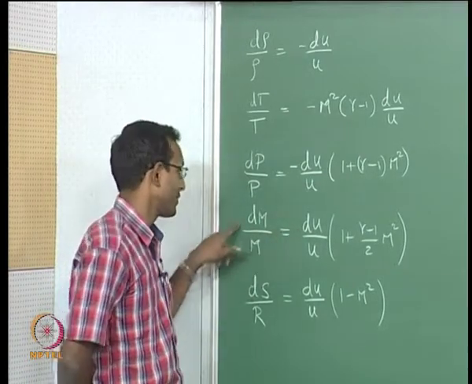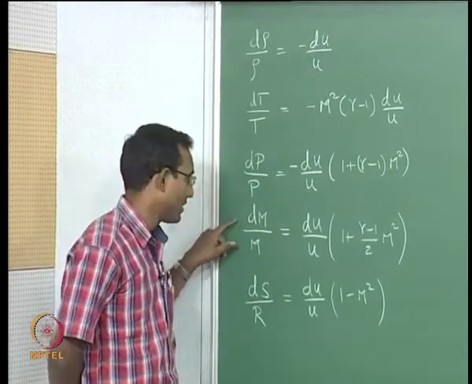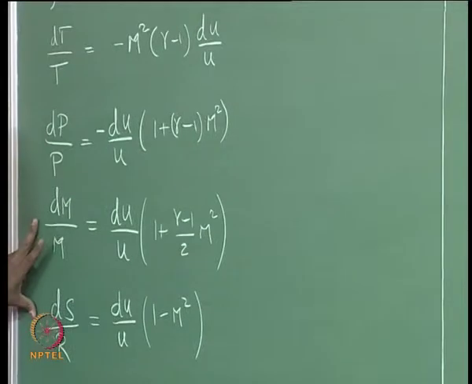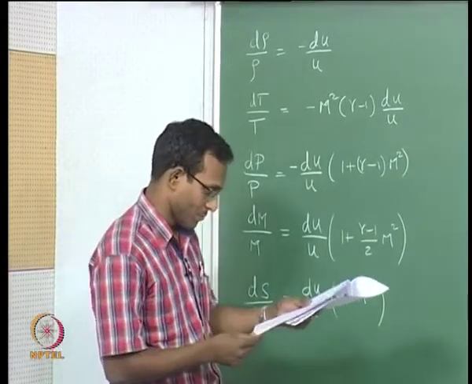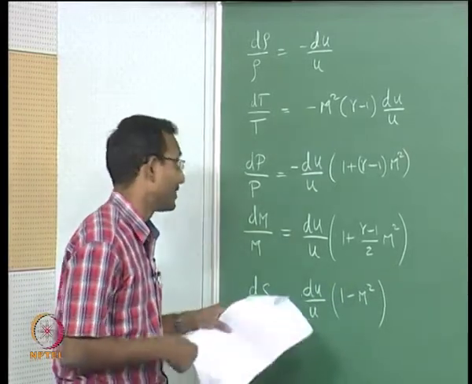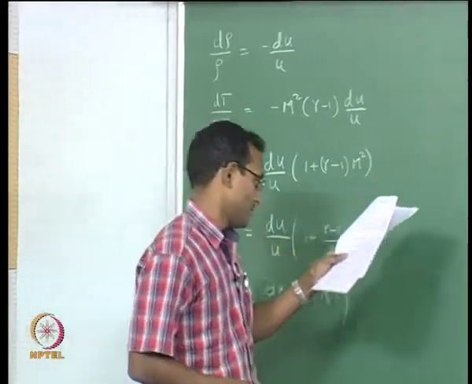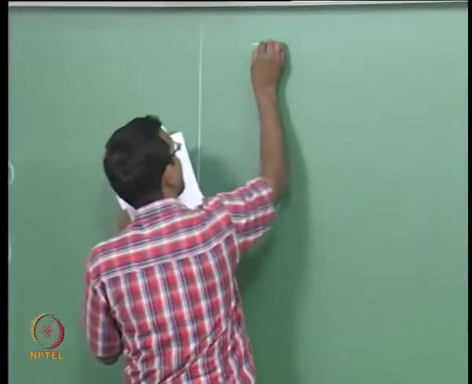Du negative means Mach number will decrease. dM will also be negative. So we said that the flow has a tendency to go towards M equal to 1, that is where we stopped. And then we said we still have to use the momentum equation, which we did not use in any of these. We wrote it like this.